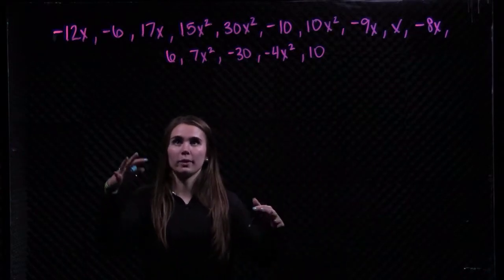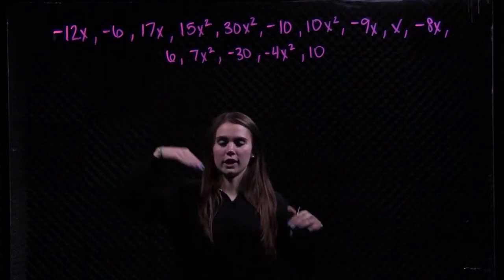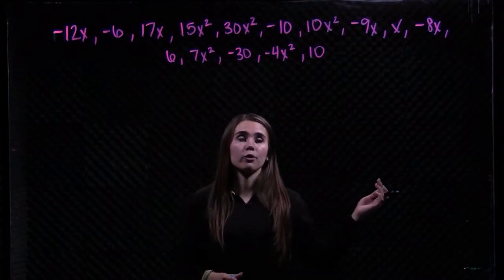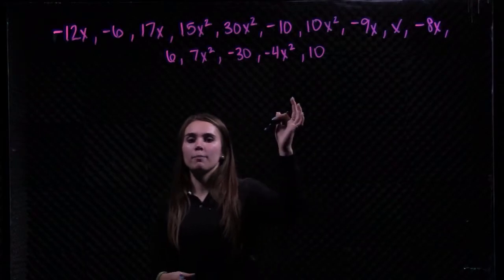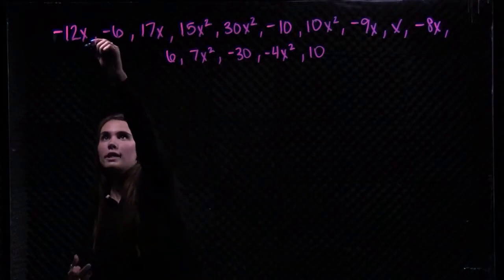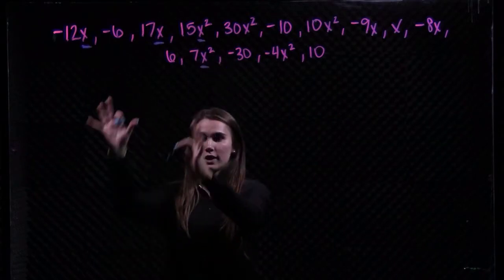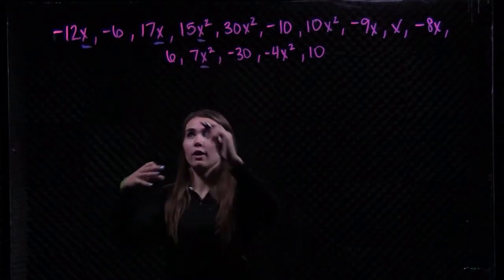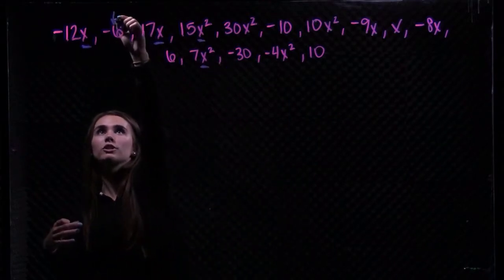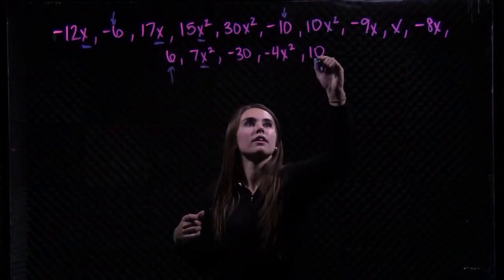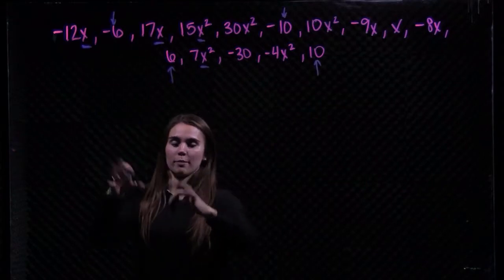So I saw a lot of you grouping them based on those coefficients, the integers out front. I saw others of you that grouped them by the existence of a variable with them. So like the x in all these ones, you put all those ones in one group, and then you put the numbers without variables, so like these 6's, these 10's, you put those in a separate group than the ones with the x's.